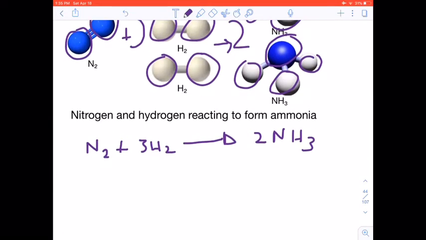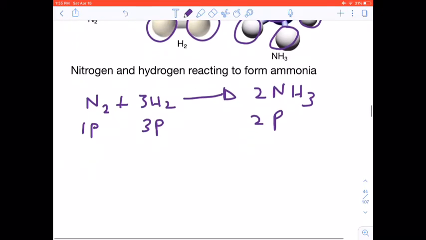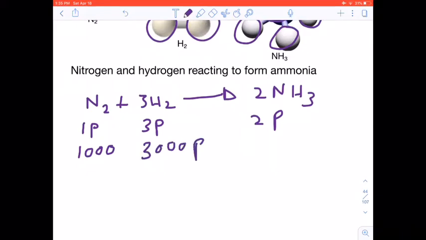So I could say for short, 1 particle of that plus 3 particles of that gives me 2 particles of this. That would be the ratio or the relative amounts of each. Or I could say 1,000 particles of that with 3,000 particles of that will give me 2,000 particles of ammonia. It's one way of saying it.